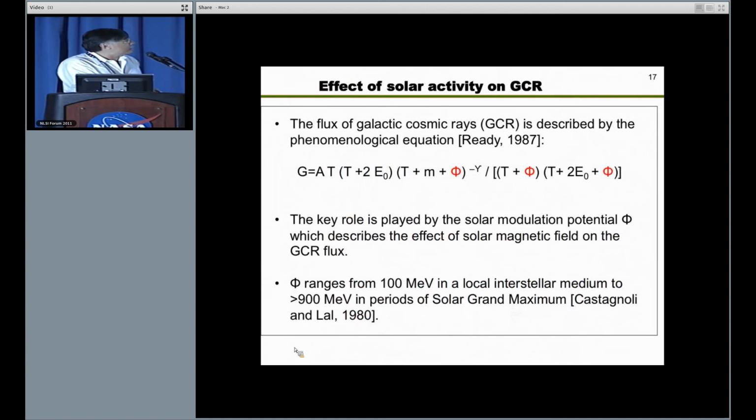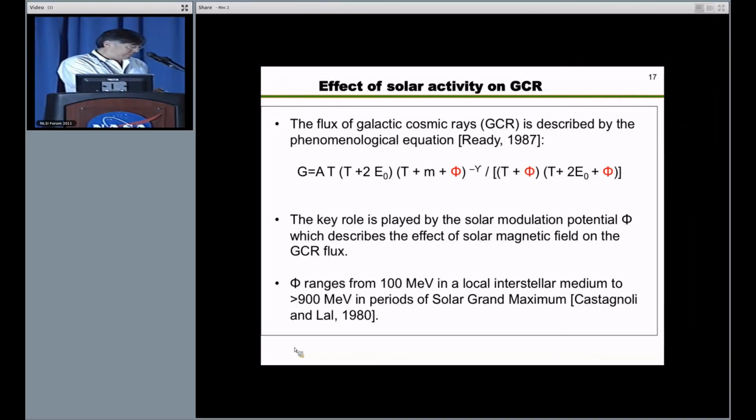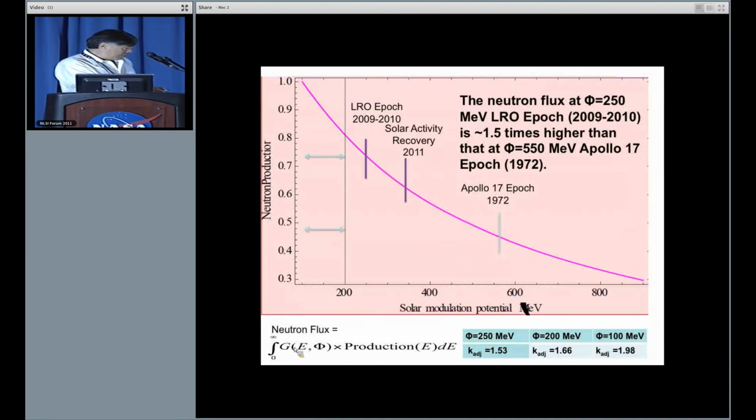The galactic cosmic ray flux could be parameterized by this modulation potential, and the modulation potential can be estimated using sunspots as a surrogate. And so for the LRO epoch, 2009-2010, we believe the estimate for the solar modulation potential is between 200 and 250.